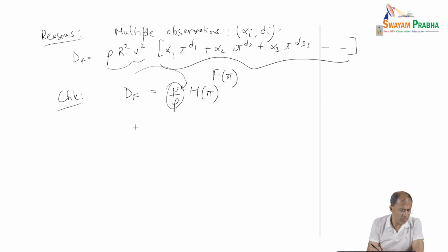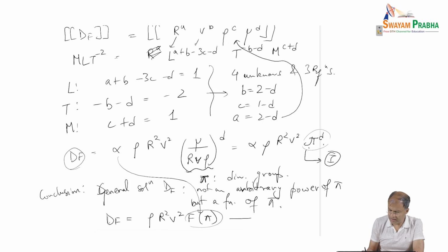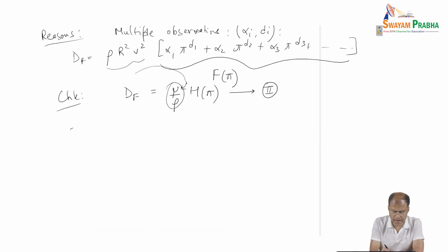And now let us call this formula as 2, and we can call this previous formula, this one as 1. So 1 or 1 prime, right? So my claim is that 1 prime and 2 are identically equal.